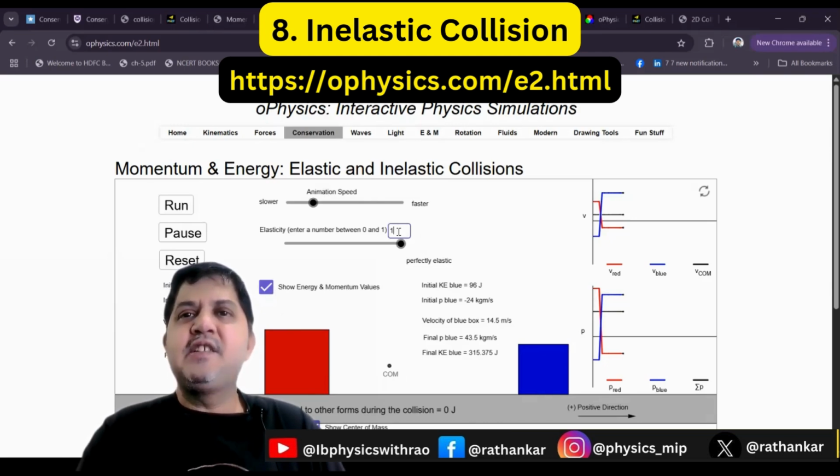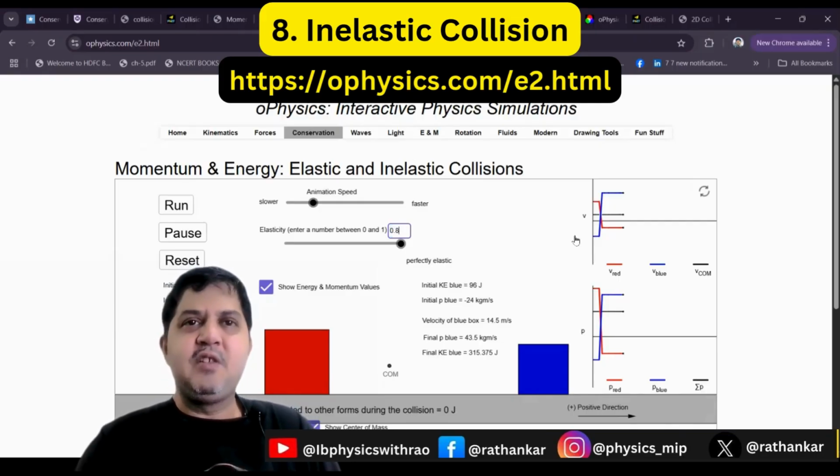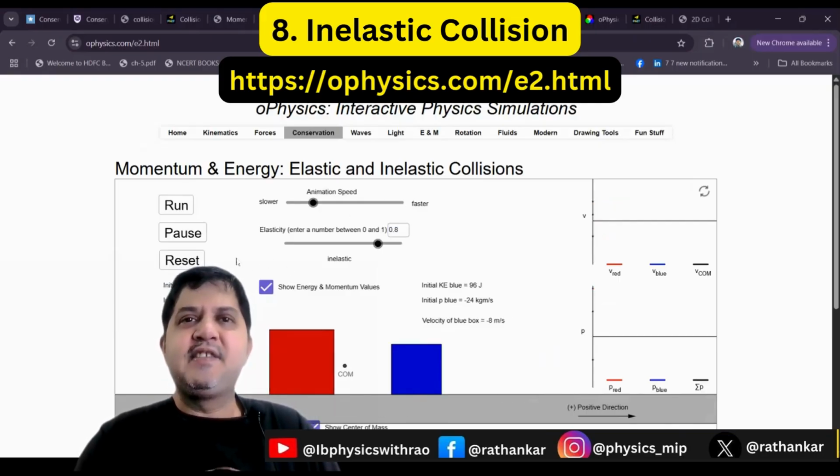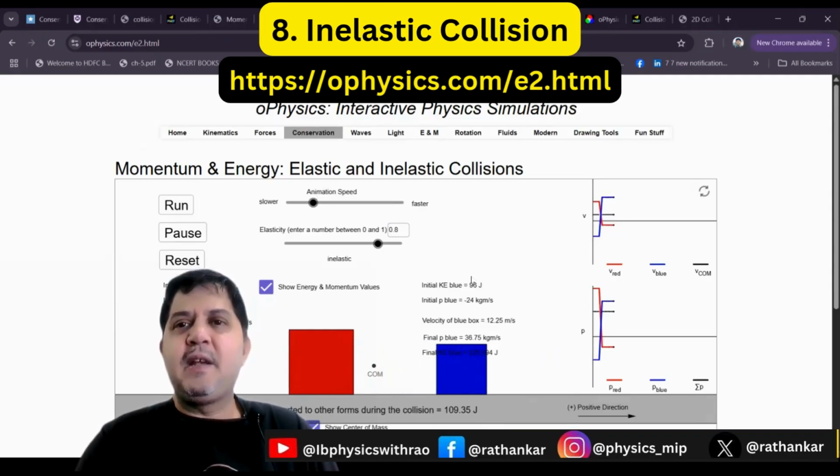Now if I make this one lesser than 1, let us say 0.8, and then reset this and run it, you can observe that the energy will not be conserved. Here it was 346, and here you see 225.094 and around 11.556.